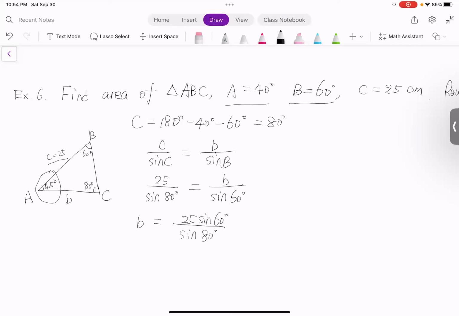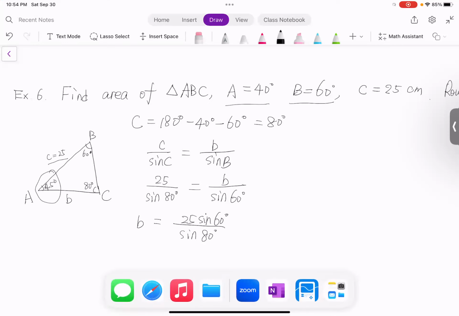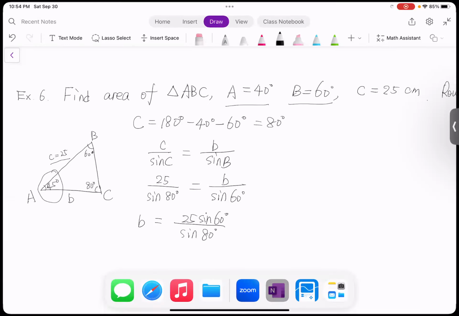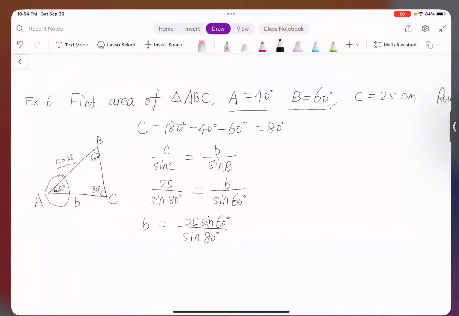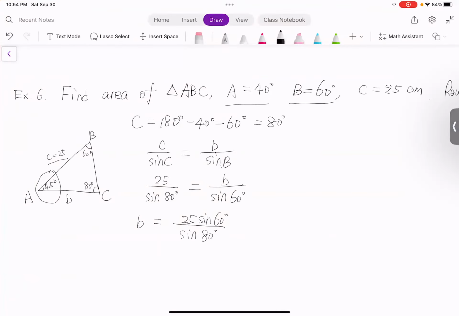And let's use our calculator to find the solution. So 25 times sine 60, all divided by sine 80. Close the parentheses. I'm having 21.9846. So maybe we can keep as much decimal as we can.